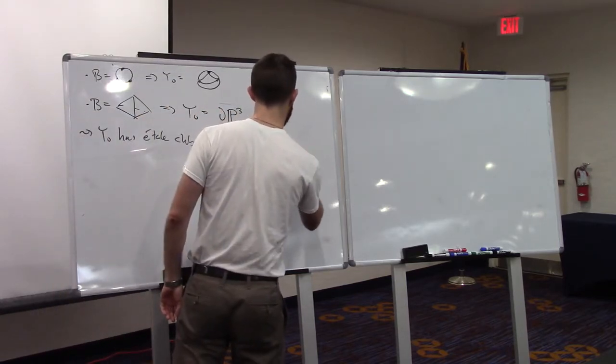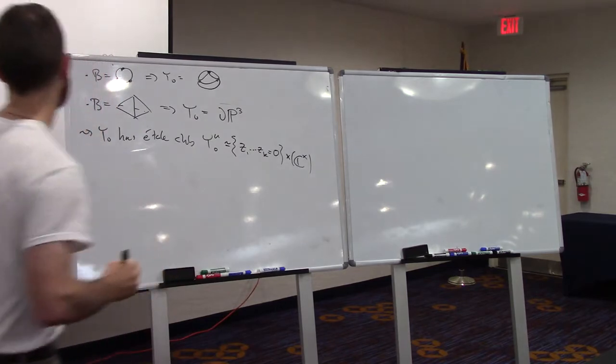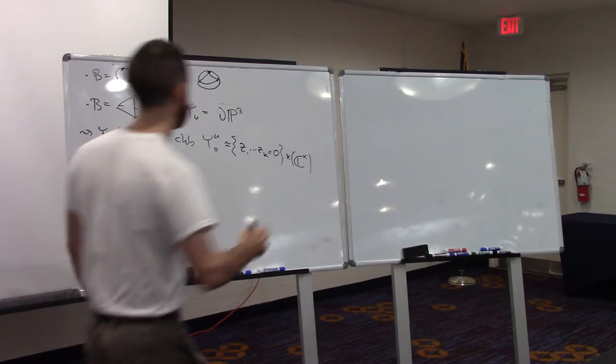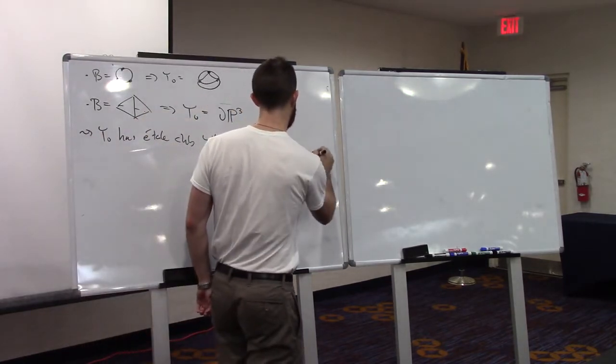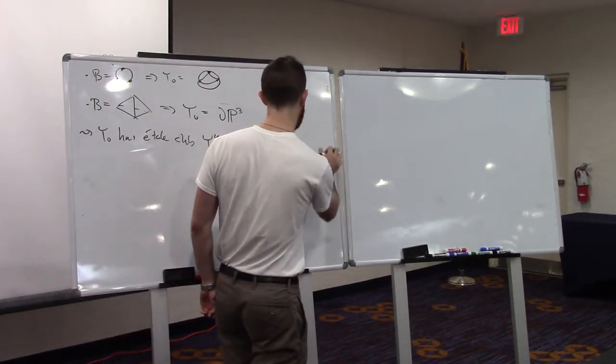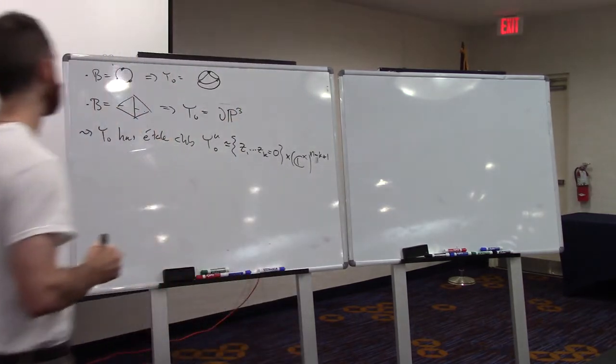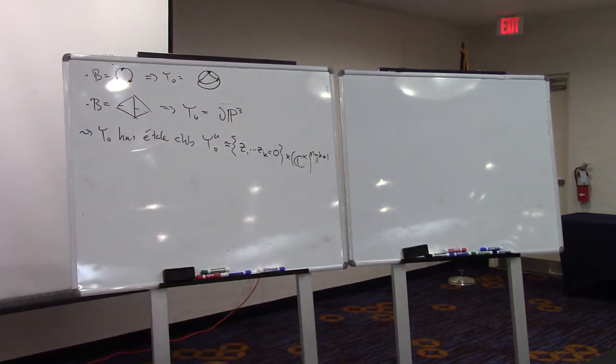So I have C star to the n minus k plus 1, if I want my Y0 to be n-dimensional. So these are some local charts which I'm going to try and deform later on.